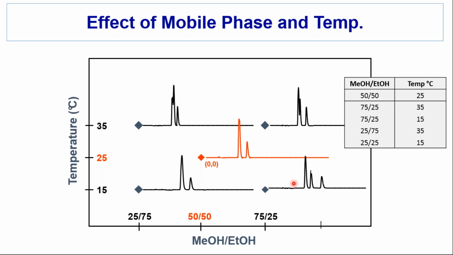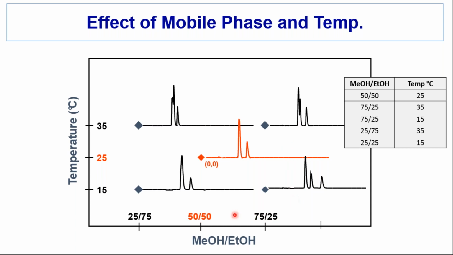Statisticians refer to this as interaction, where you have, for example, two parameters, and if you set one of the parameters, the behavior is, say, like this, we see improving separation at higher temperature. If we set this parameter at a different level and rerun the experiment, varying temperature, we see a different behavior.